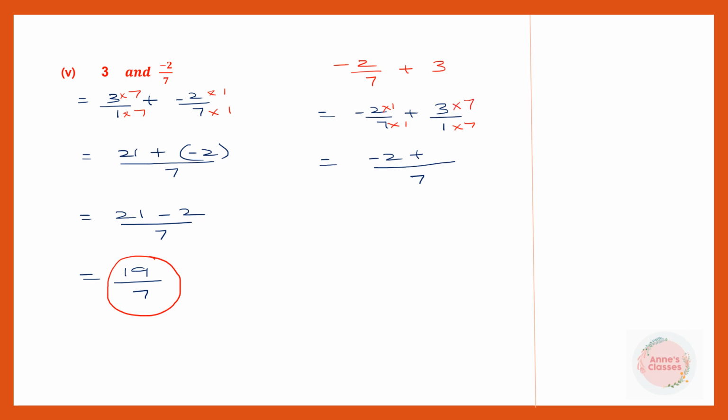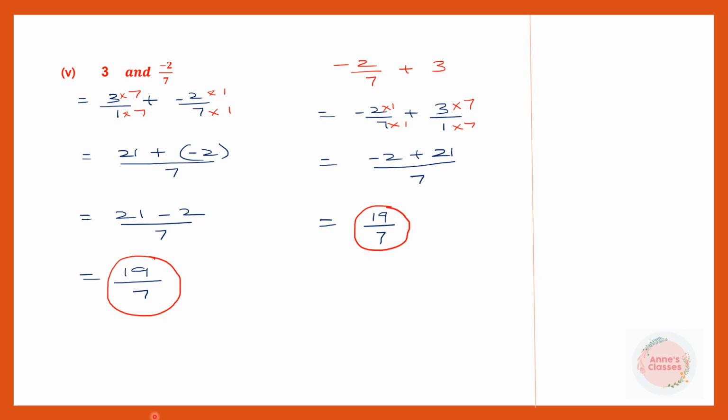So 3 into 7 is 21. So now what do we have here? We have minus 2 plus 21. Signs are different. So we have to put the sign of the bigger number, which is plus, and subtract. 21 minus 2 is 19. So we have 19 by 7. So we've got our answer here also.